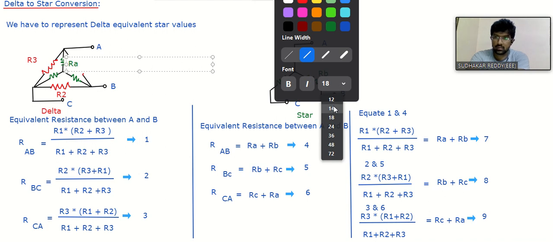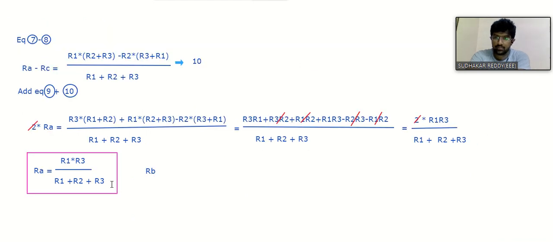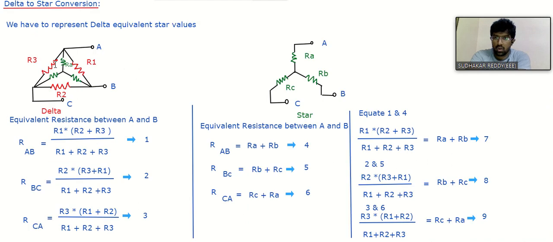Now if you observe this RA expression, how did we get the expression? R1R3, right? So for RA, the resistors R1, R3 are on its opposite sides, and in the middle I consider RA. This is R1R3 by R1 plus R2 plus R3.